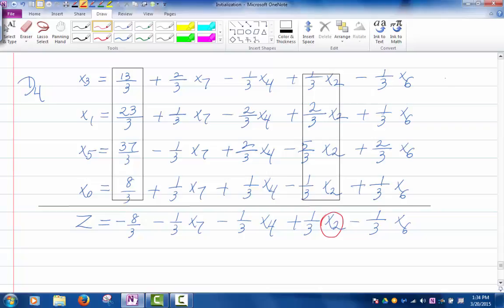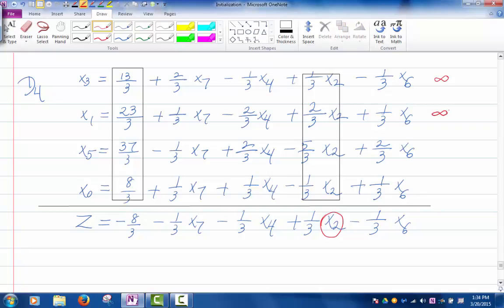So anything you want. How big can I pick x2 in the second row without making x1 negative? Anything again. When I say infinity, I mean I can pick it as big as I want.